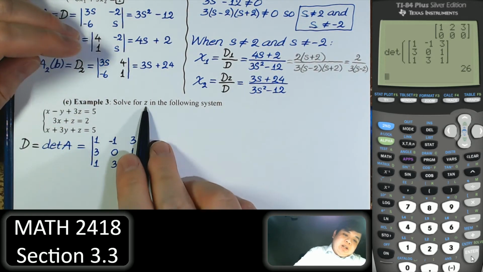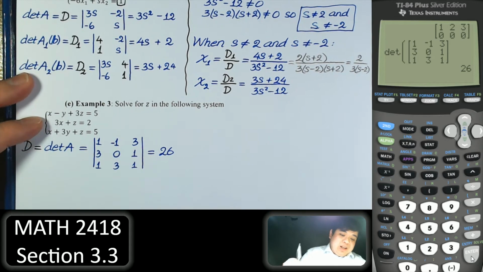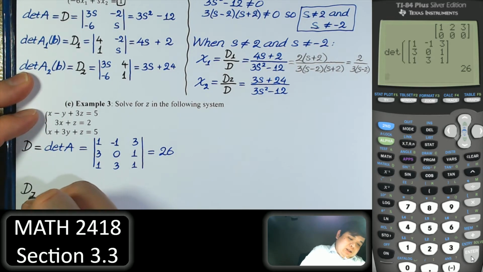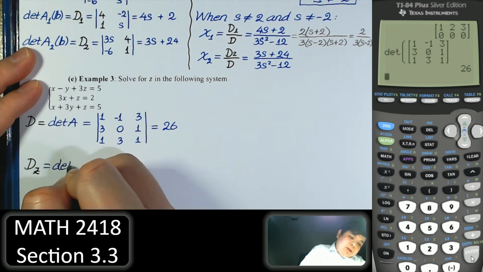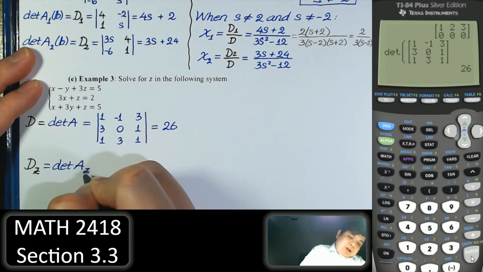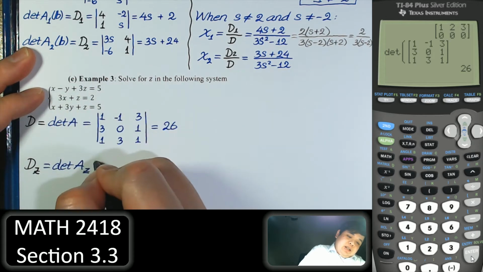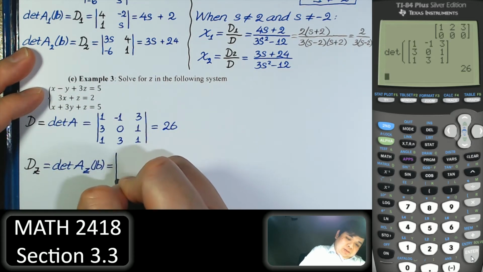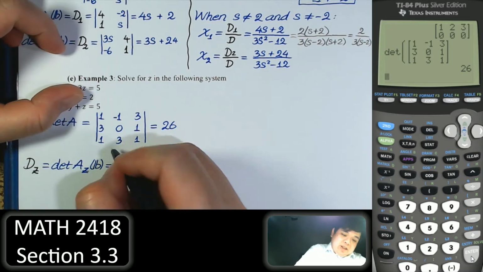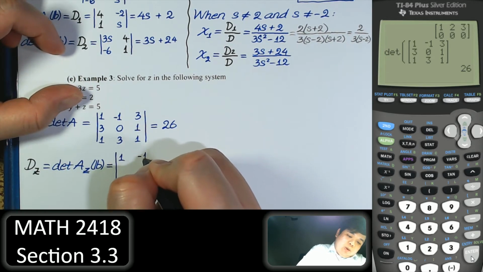Now since we only need to find z, we only need dz, which of course replaces the coefficient of z by the last column. The coefficients for x and y will stay the same.